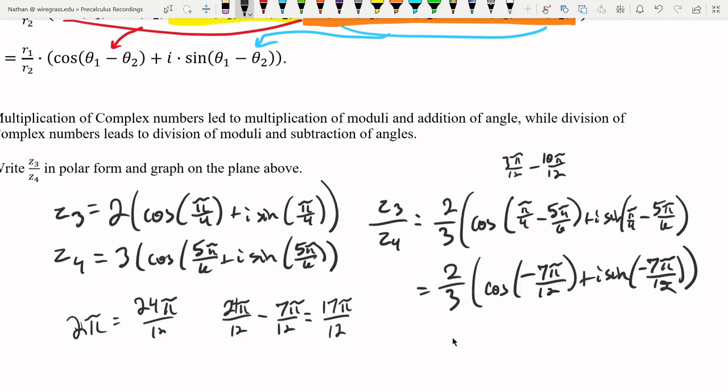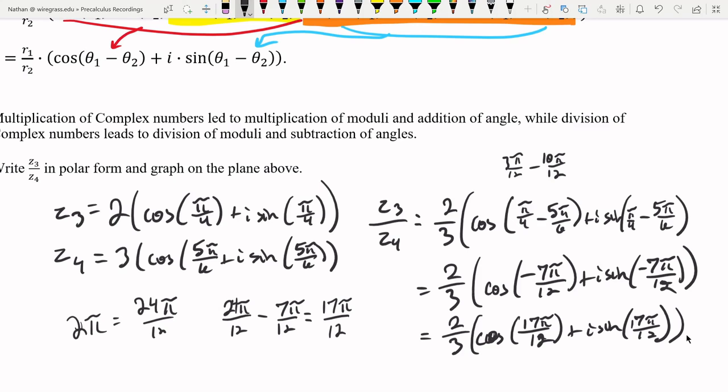So we get 17 pi over 12. Okay, and that is the division of those two polar complex numbers.